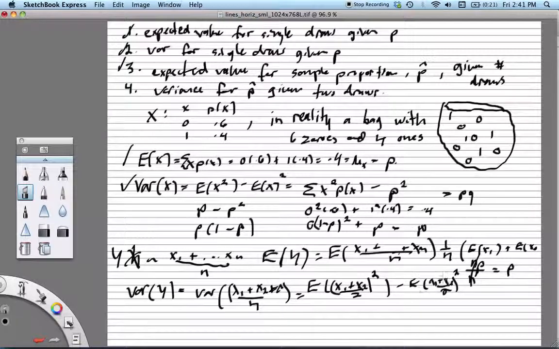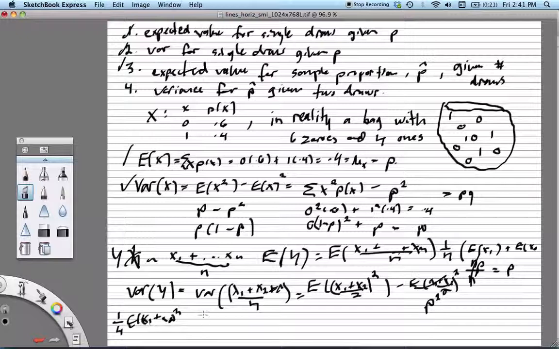We already know that this is just p, so we have our p squared there. Now what happens over here is a bit trickier. We're going to square the 2 and get it out of there. So we're taking 1/4 the expected value of x1 plus x2 squared.